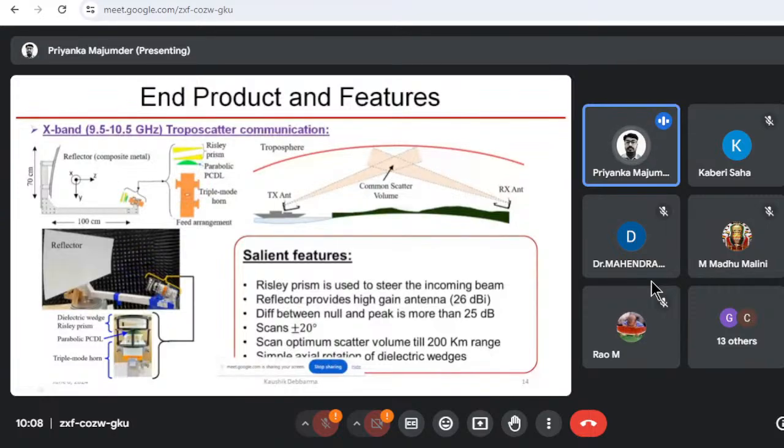That's their secret things; we cannot share that. But yeah, this technology works, and this can be used for troposcatter communication, where we first successfully track the location where the optimum scatter volume is, and then after that we establish a connection.